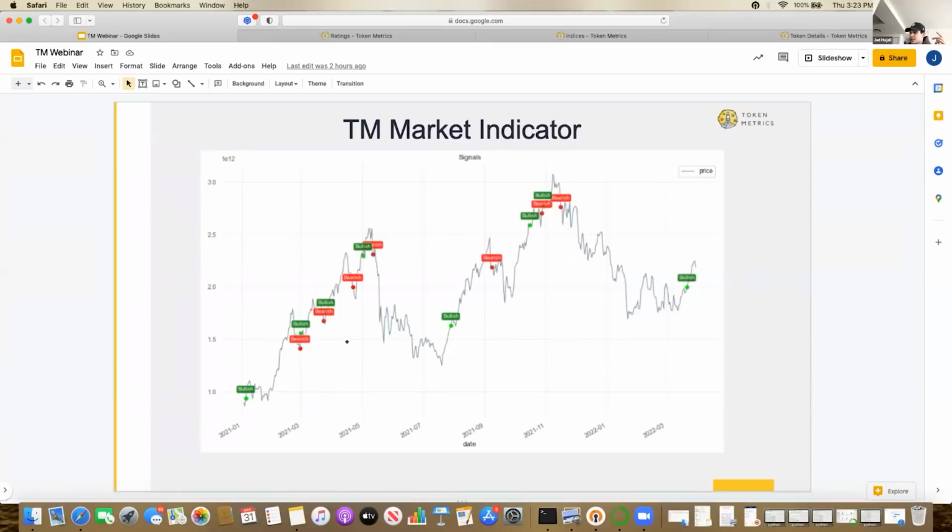As you can see, there are some false signals, but they get corrected very fast, so the losses are usually very minimal, like here or here. But the big trades are the most important ones. For example, here at around 2.4 trillion is when our market indicator went bearish, showing that we are in a bearish regime in the crypto market.